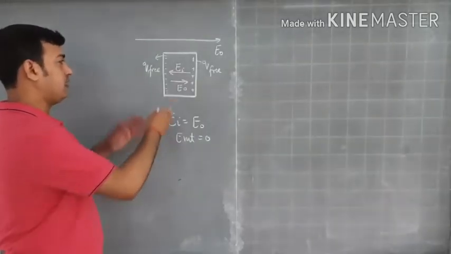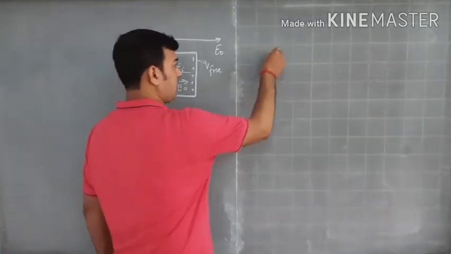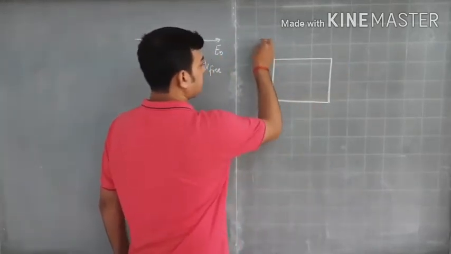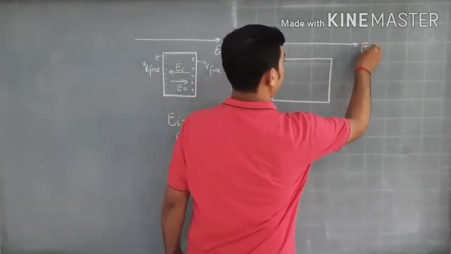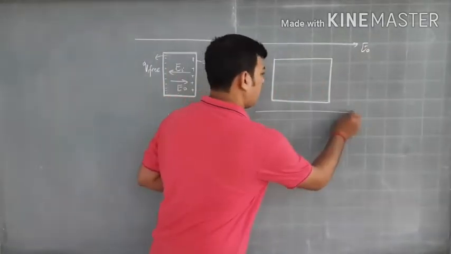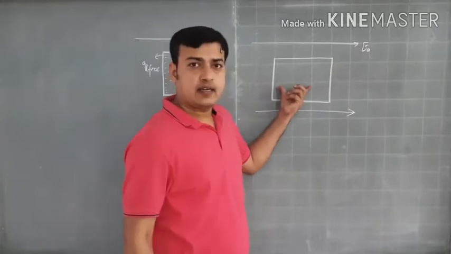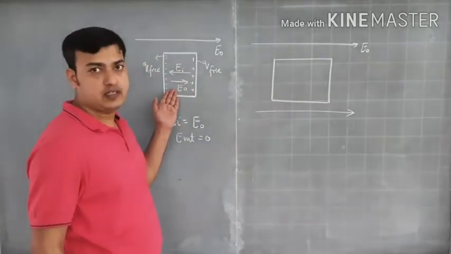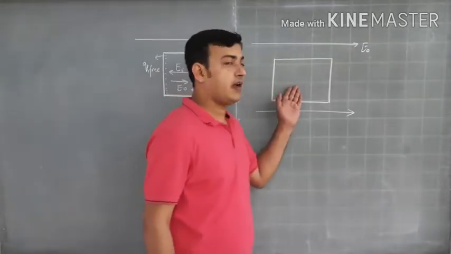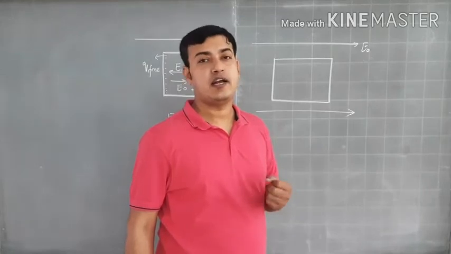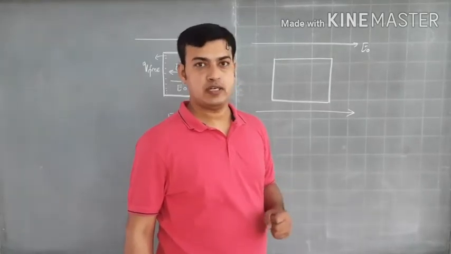Now what will happen if I place a dielectric material in the presence of an external field? Since it is a dielectric, the charges are not free as they were in the case of a conductor. In fact, the charges are bound to a molecule, and these kinds of charges are called bound charges.